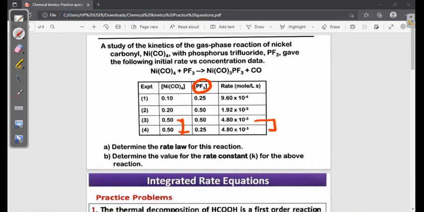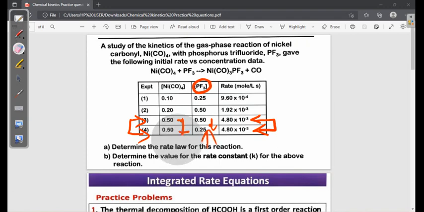What it means is after maintaining the concentration of nickel carbonyl, the rate also was constant, despite changing the concentration of the phosphorus trifluoride. So this one has got no effect.